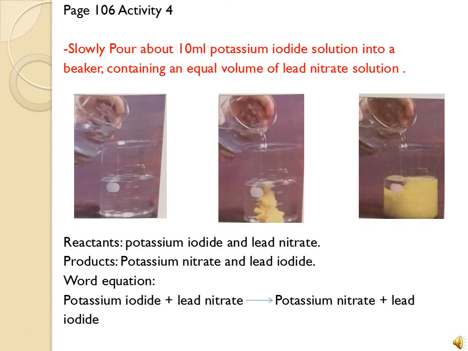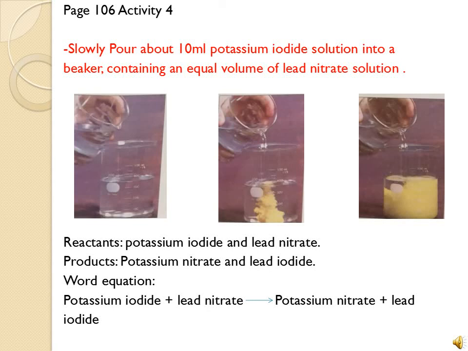This yellow color is a solid, not a gas and not a liquid. The color changed and I got a kind of solid. This is a precipitate, which means sediments. If I want to know the reactants in this chemical reaction, they are potassium iodide and lead nitrate. What are the products? Again, the problem doesn't mention the products, but usually potassium iodide together with lead nitrate gives potassium nitrate and lead iodide.